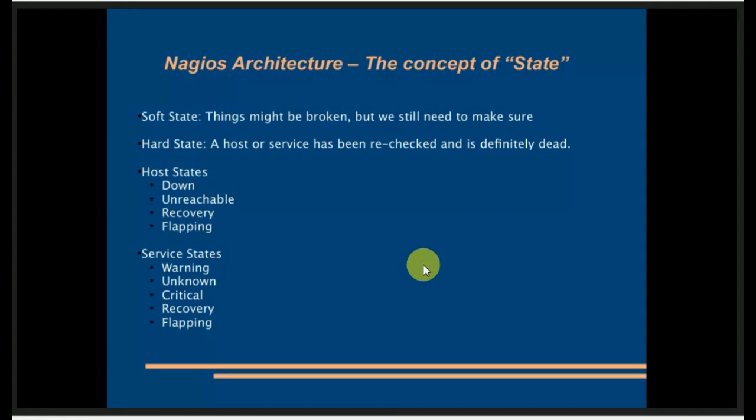It's not going to declare it as completely dead. This is a soft state. You need to be sure that it is dead. So we do rechecking. The Nagios server will automatically do rechecking. So let's say after 5 checks, declare it as dead. Now when, after the rechecks, it declares that it's definitely dead, then that is a hard state.